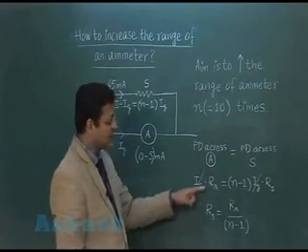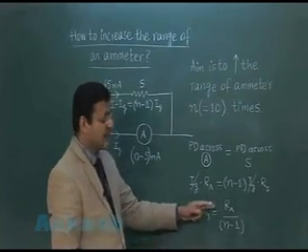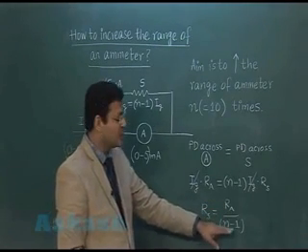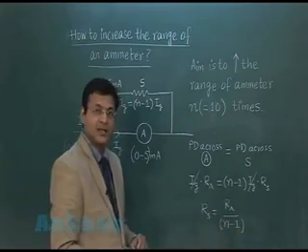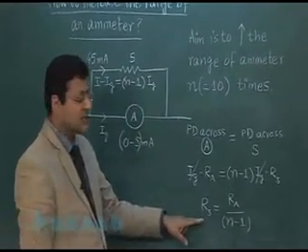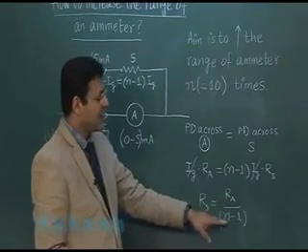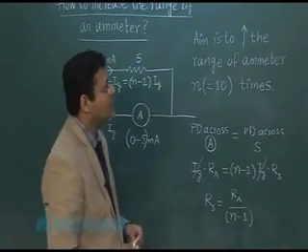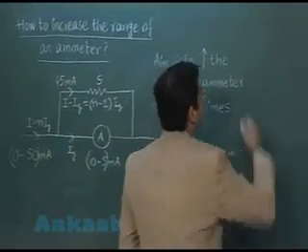You have to connect a resistance RS, जिसकी वैल्यू एमीटर के रेजिस्टेंस को n-1 से डिवाइड करने पे आती है. The resistance which will be connected in parallel RS, that will be RA upon n-1. You understand? So what is the conclusion or method?